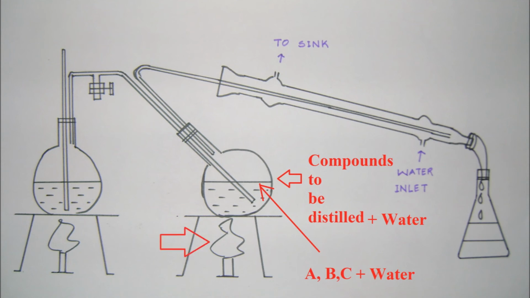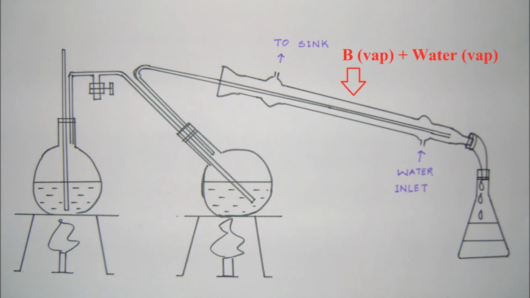The next step will be to apply heat to the second RB also, due to which the vapors of B and water will flow towards the condenser, and the RB will contain only A, C and water.